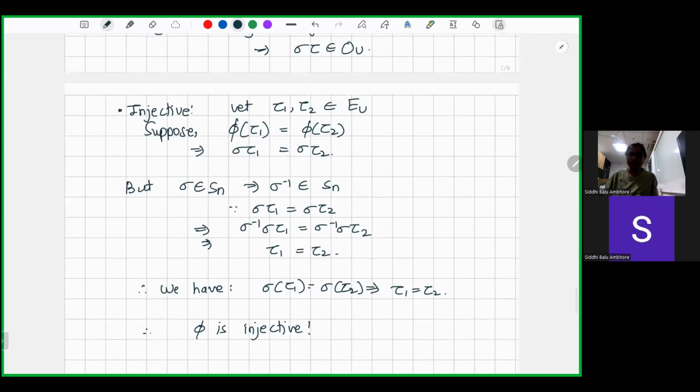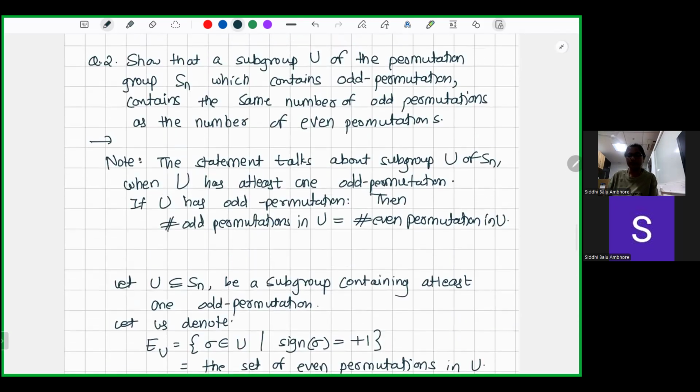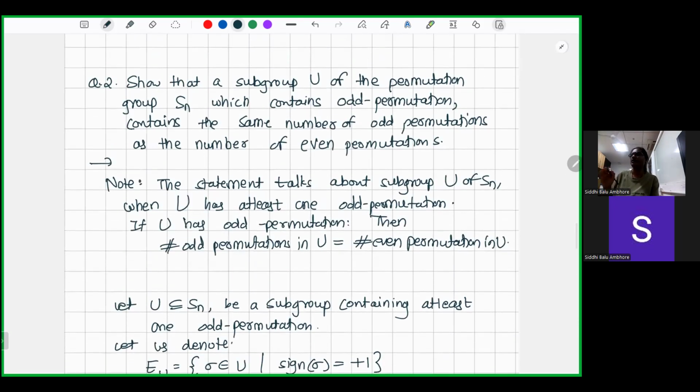So this is the statement which we proved. So the statement was that if U is a subgroup having odd permutations, then it will also have even permutations.